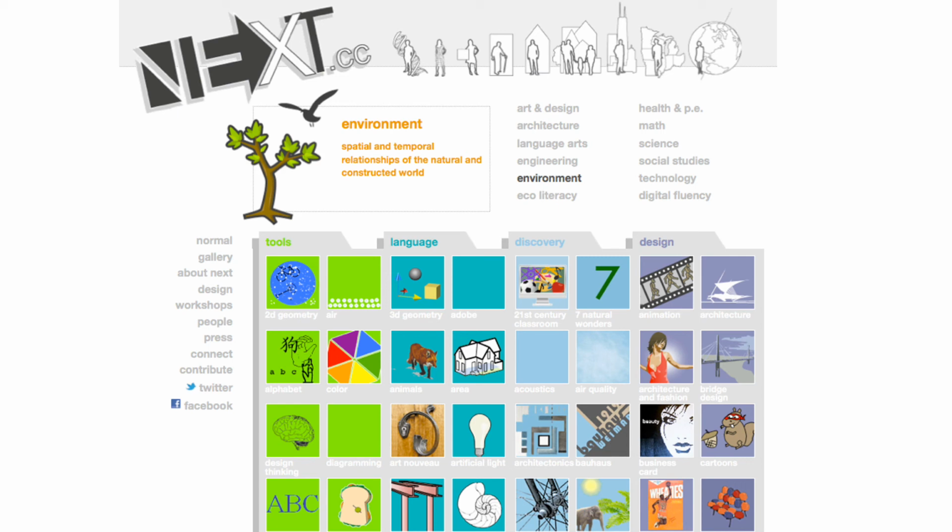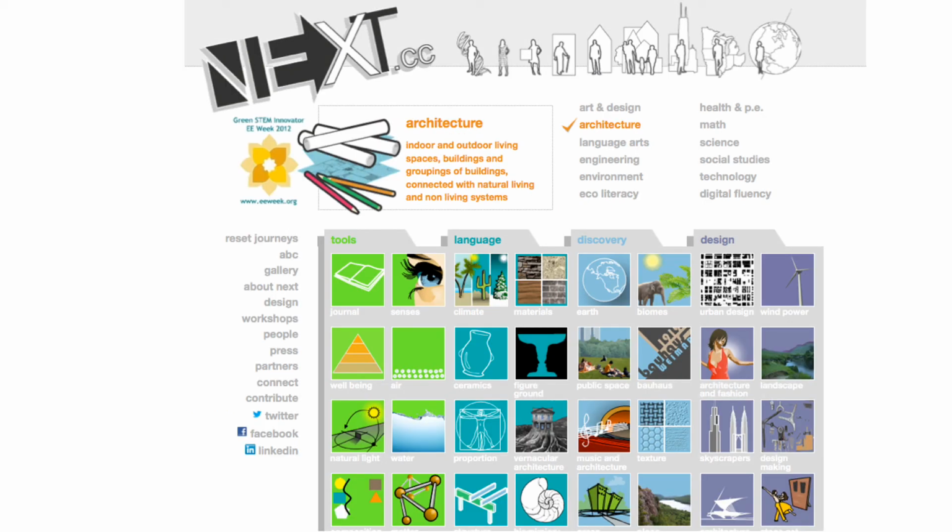And Next.cc helps you select if you're interested in a scale or science, technology, engineering, the environment, spatial and temporal relationships of the natural and constructed world, or architecture, indoor and outdoor living spaces, buildings and groupings of buildings connected with natural living and non-living systems.